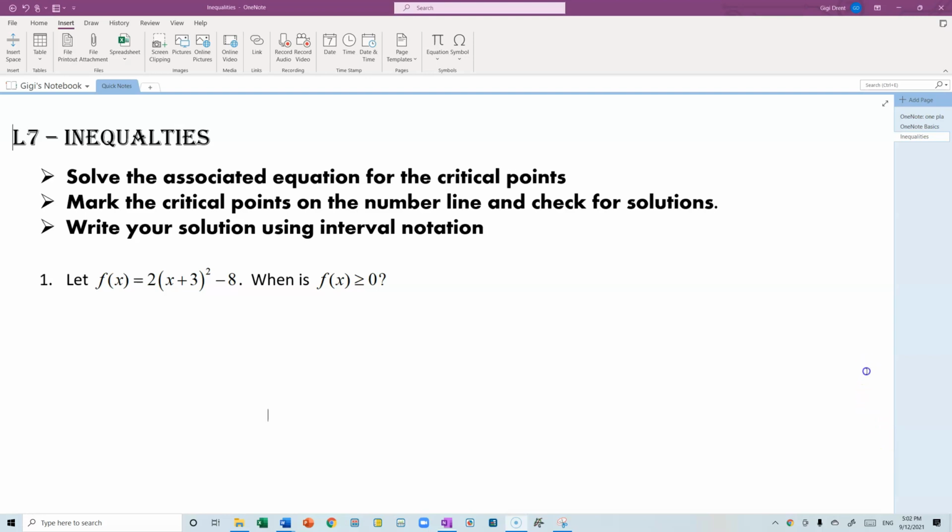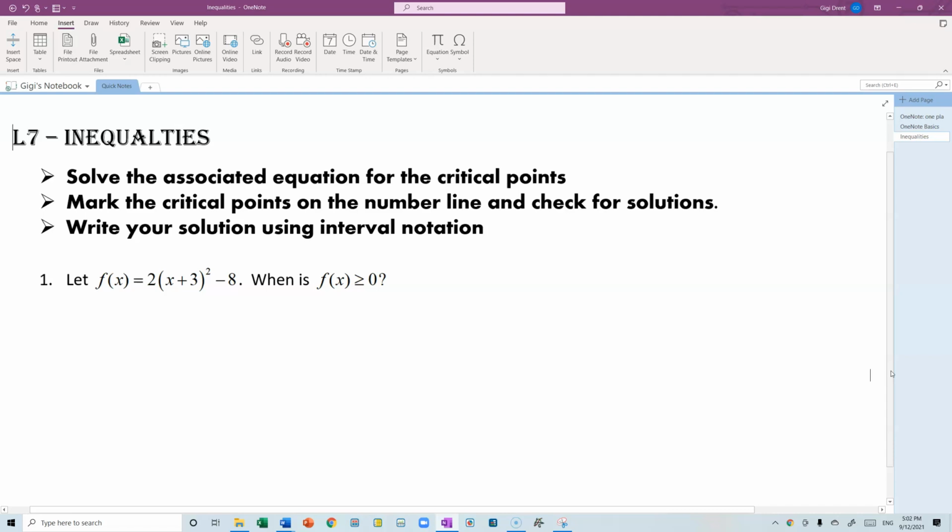In this video, we will be doing inequalities, okay? Now, I'm going to do this a little bit differently than others you probably have seen before. There are only really two simple steps in solving inequality.